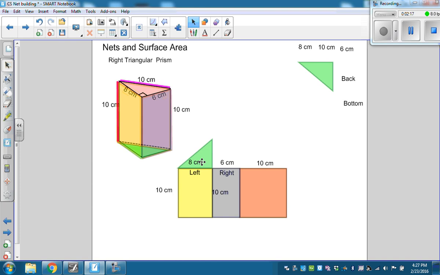So they should piece in. One way to piece them in would be right here. They could also piece in, rotated, right here. Rotate them both.